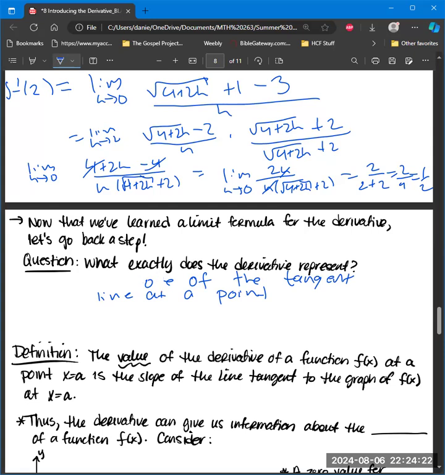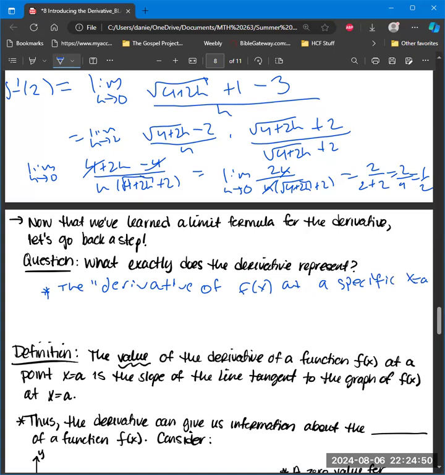So let's just write that here and say we have the derivative of f of x at a specific x equals a is the slope of the tangent line to f of x at x equals a.